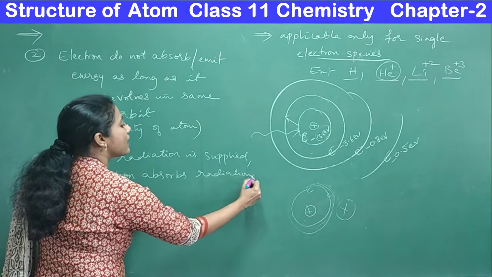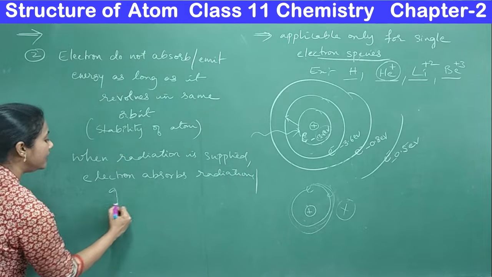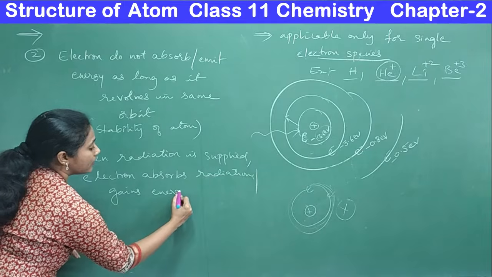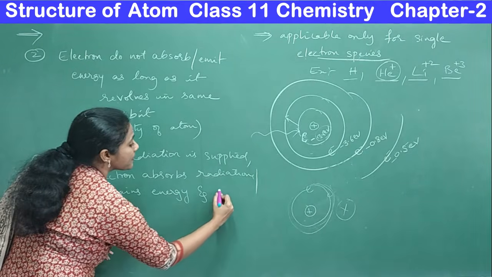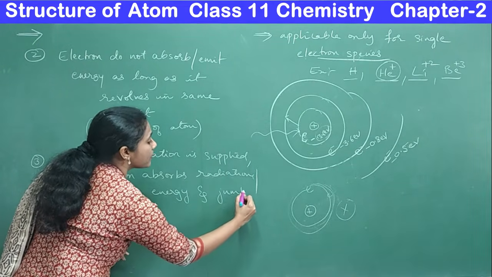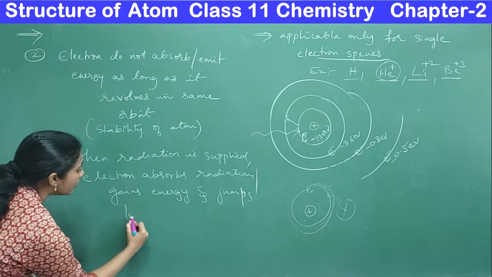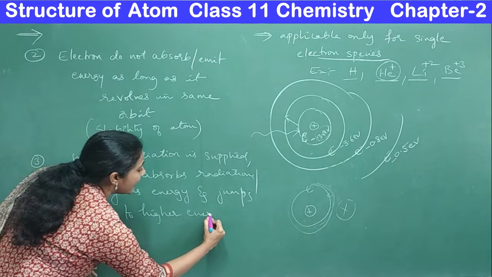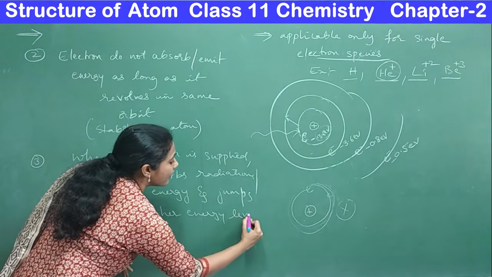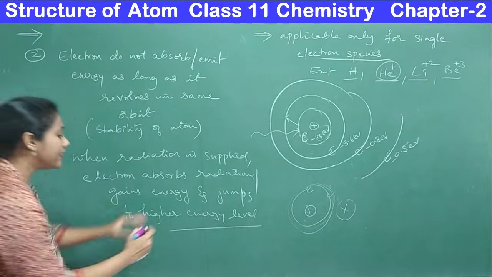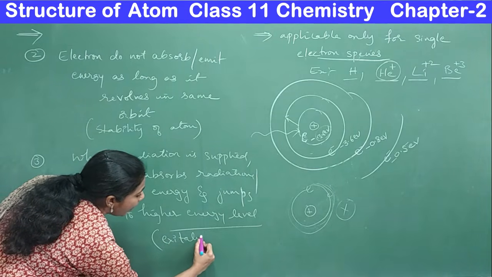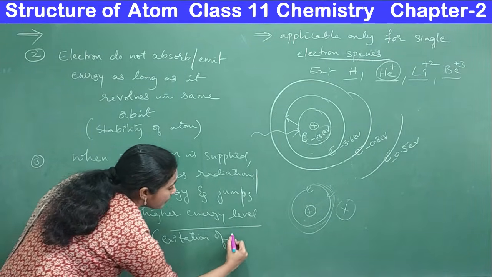In other words, I can say the electron gains extra energy and jumps to a higher energy level. This process we will call excitation of electron.